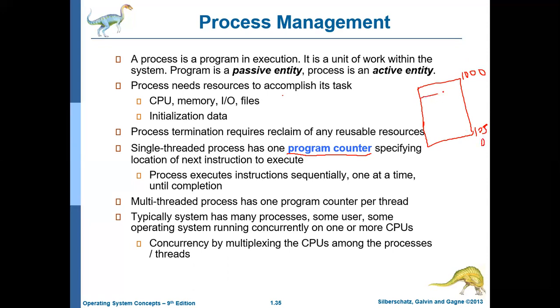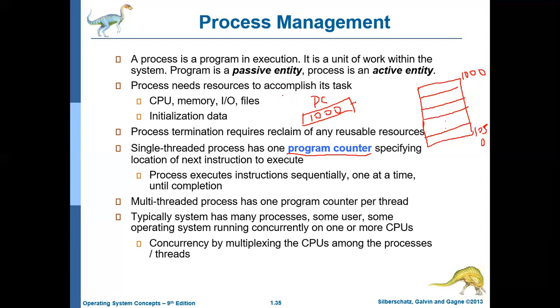So this is main memory, and main memory is divided something like this, and this process is occupying 50 locations. Now, the program counter is basically a register placed inside the CPU. Already we have discussed registers. Registers are kept inside the CPU. So this program counter currently will have the value 1000, because initially the program is just loaded in the main memory.